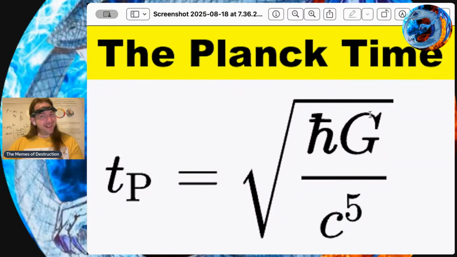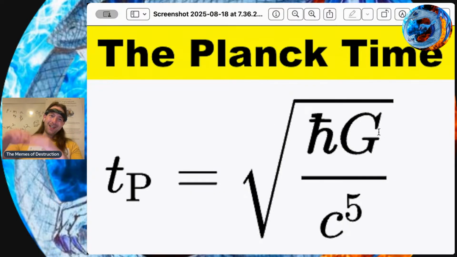And then we're dividing this by the speed of light, the maximum speed in the medium, to the fifth power. Why the heck is all this stuff here? Long story short, if you throw all these into a calculator, this has dimensions of mass, length squared, divided by time.